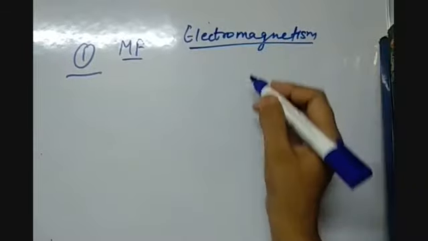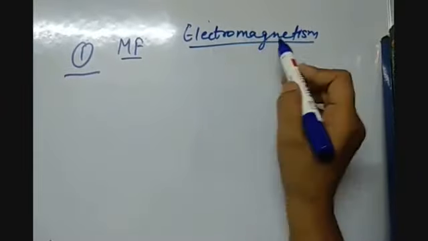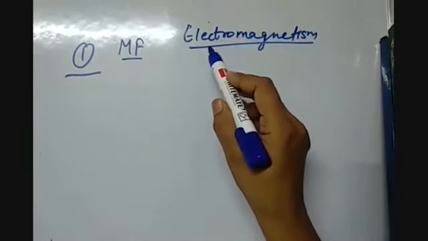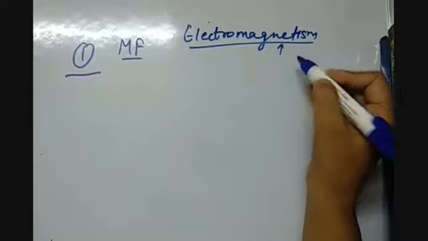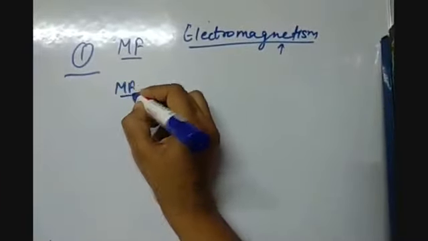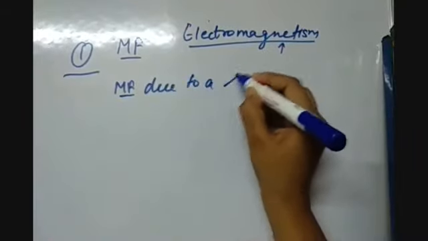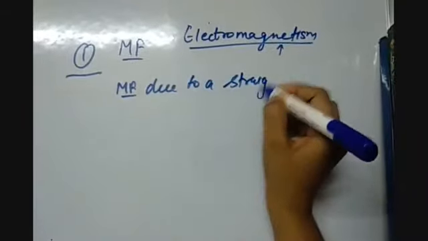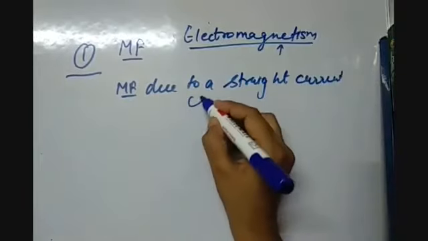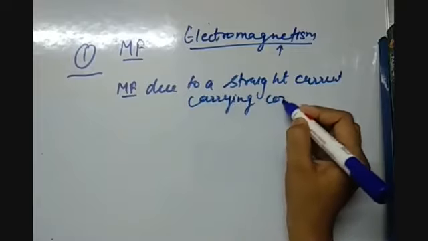The vice versa is also true: when current can produce a magnetic field, then a magnetic field can also produce electric current. This we'll see later, but let us begin with the magnetic field due to a straight current carrying conductor.